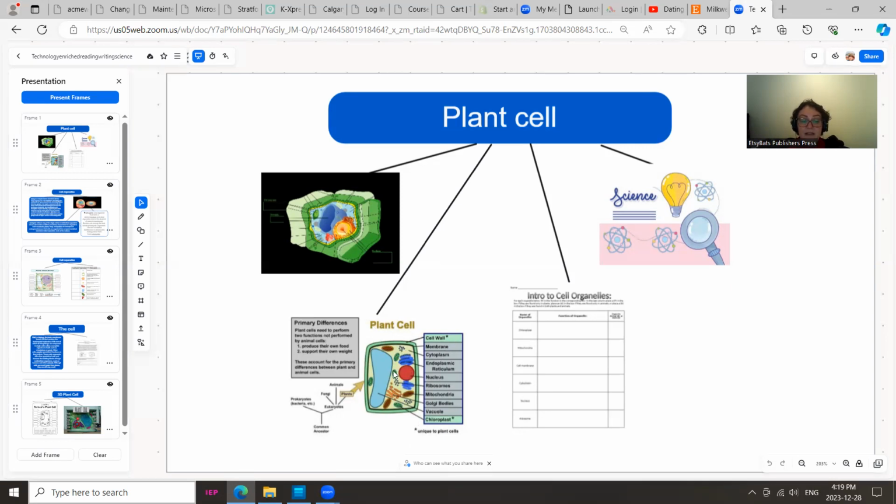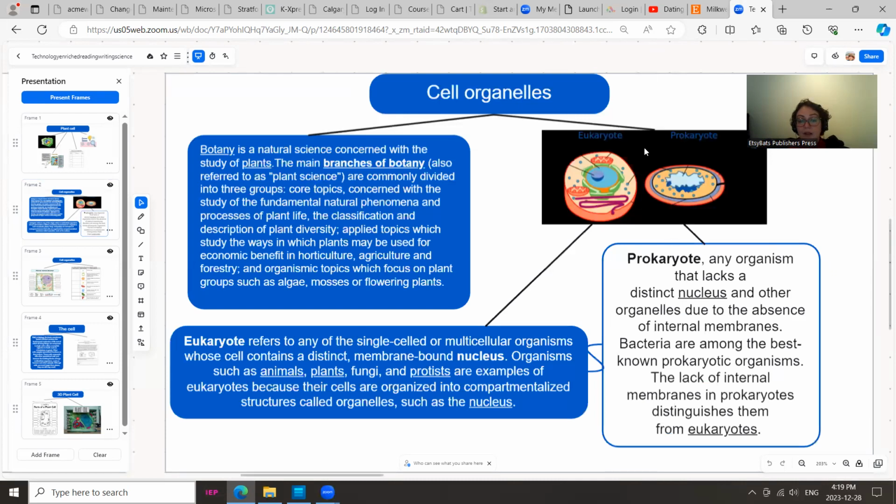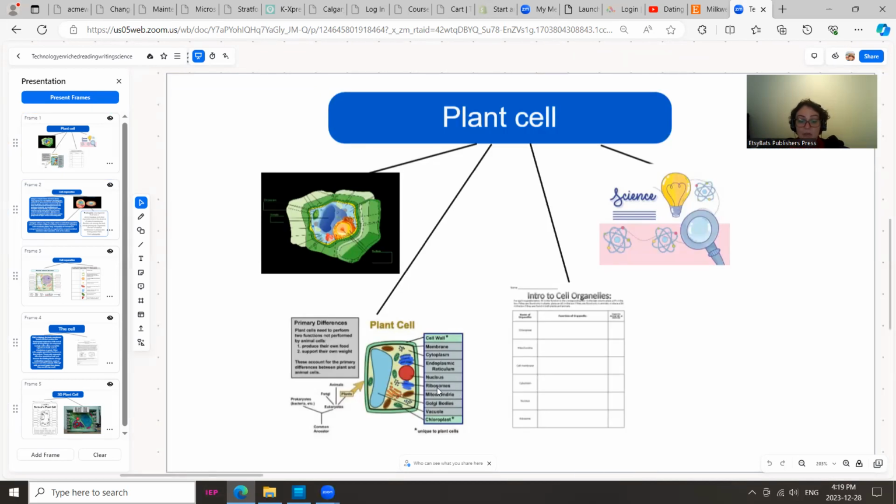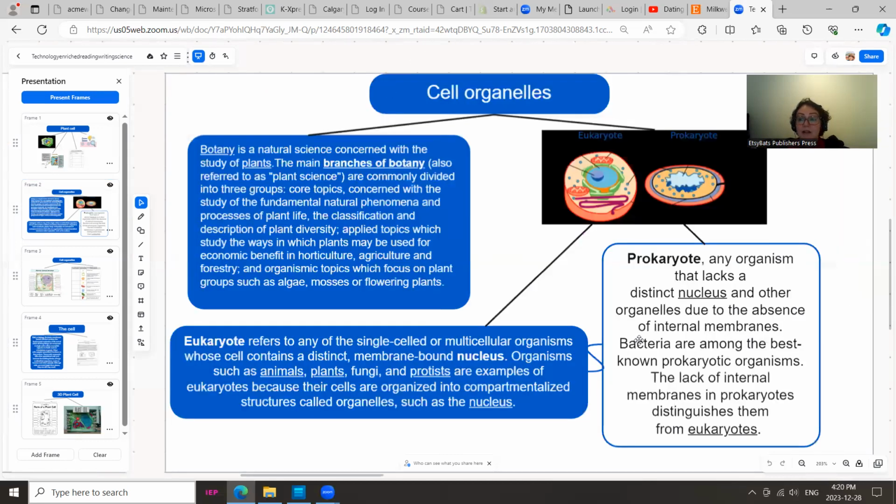The nucleus, and inside the nucleus, you'll find the eukaryote or the prokaryote. Essentially, they are invisible, they are encased or enclosed in the nucleus. The ribosomes, mitochondria, Golgi bodies, vacuole, and chloroplast. Cell organelles.